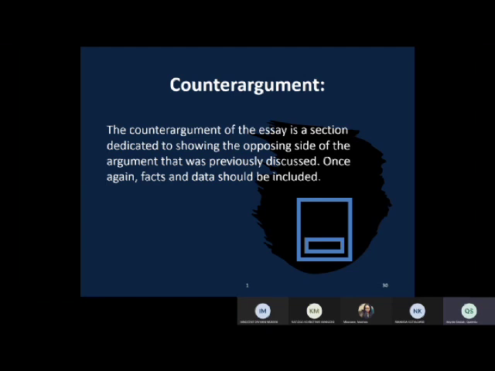So if the first paragraph is the counter argument paragraph, for example, you will say, although others claim that South Africa is the best education in Africa, this essay will show that South Africa is the second best, maybe followed by whatever country that you choose, right? So there you started with your counter argument, then you spend the next 3 paragraphs to prove your point.